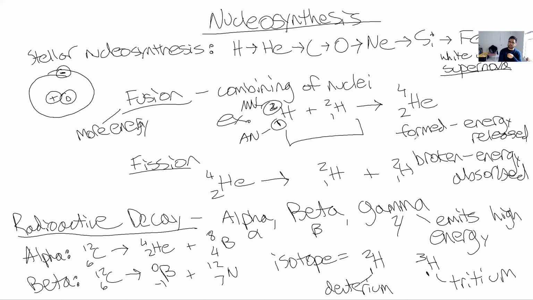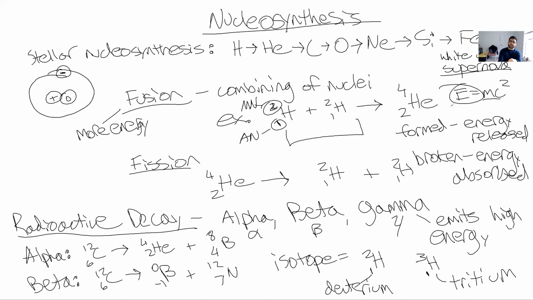And in order to figure out the amount of energy that is either released or formed, you're going to use the equation E equals mc squared, the very famous equation. Because what actually happens when you do fusion of two particles, they actually lose a little bit of mass when they fuse together. And the theory is that that mass is converted into energy.